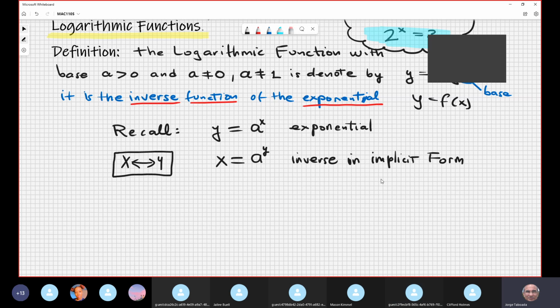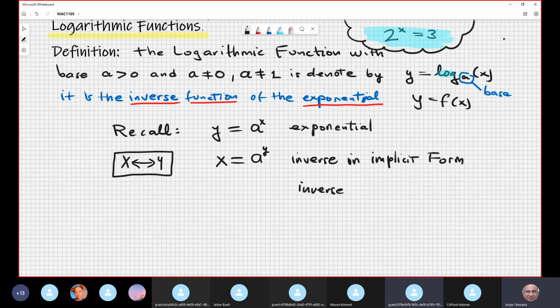So in order to express it in explicit form, we apply a new notation. Look, you say y is equal to log base a of x.